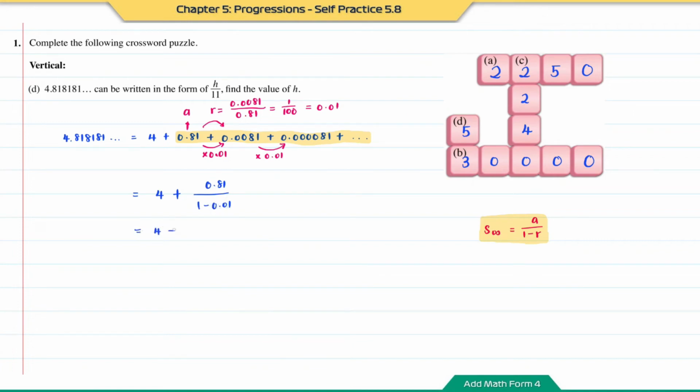So you'll find that the answer for this part here will be equal to 9 over 11. Combine them together, you can get 4 and 9 over 11. Convert this to improper fraction, then you're going to get 53 over 11. And when you compare it to h over 11, then h is equal to 53.